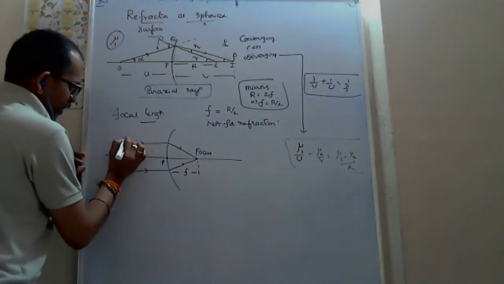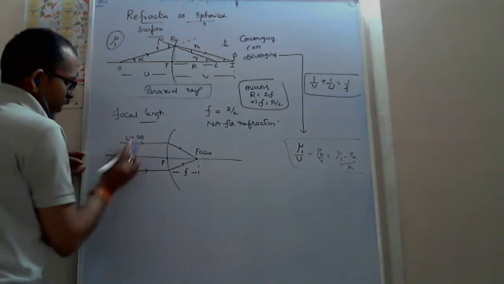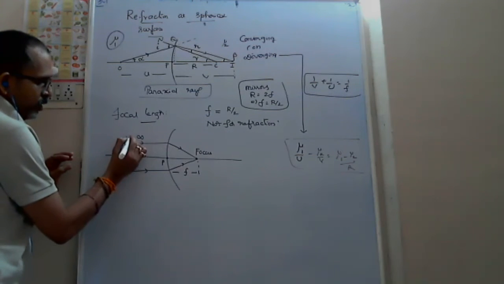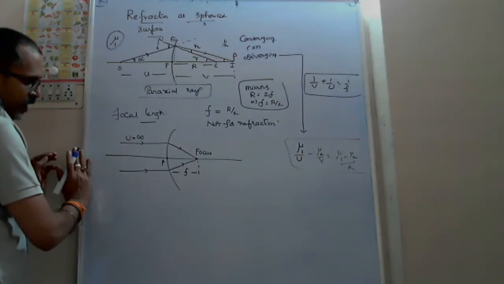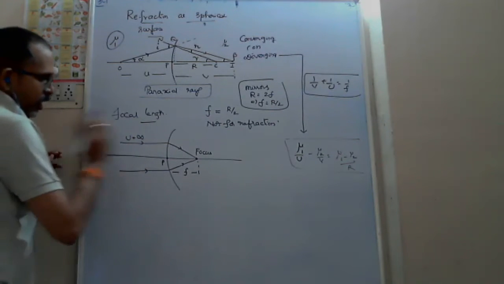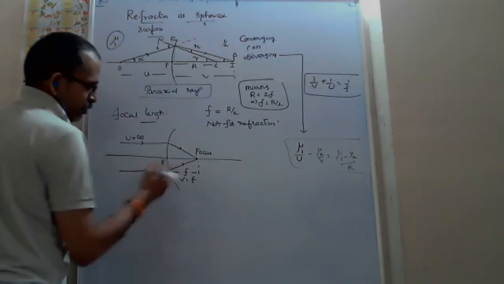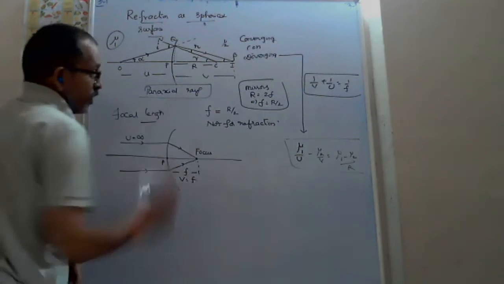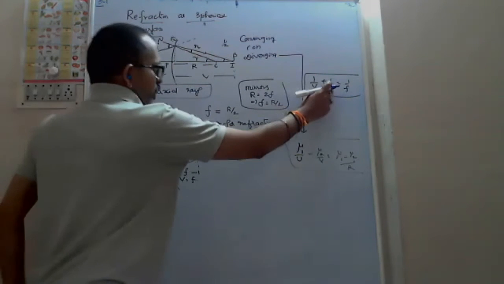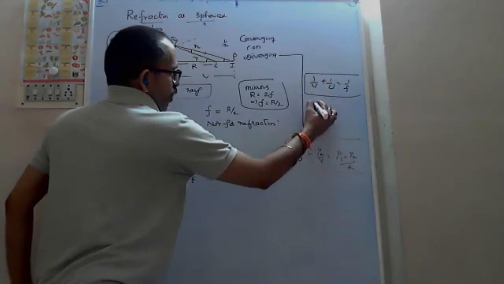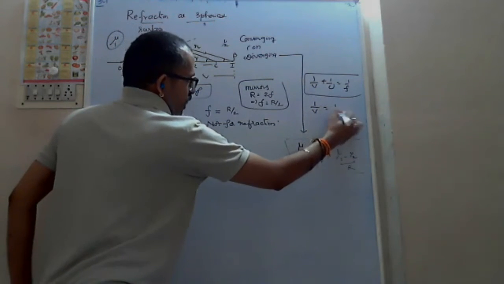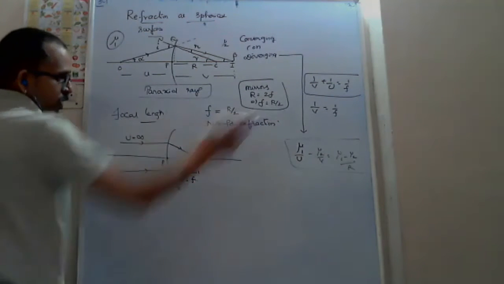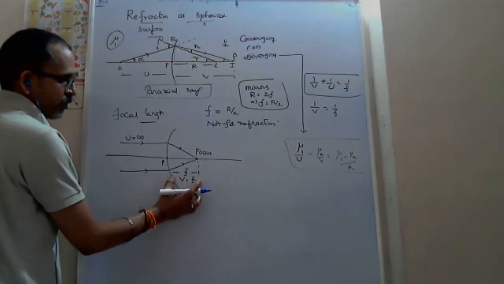If you put U equals infinity, rays parallel to the principal axis, meaning the object is at infinite distance, then V equals F. If you put U equals infinity in the formula, 1 by V equals exactly 1 by F, which implies V equals F. Yes sir.